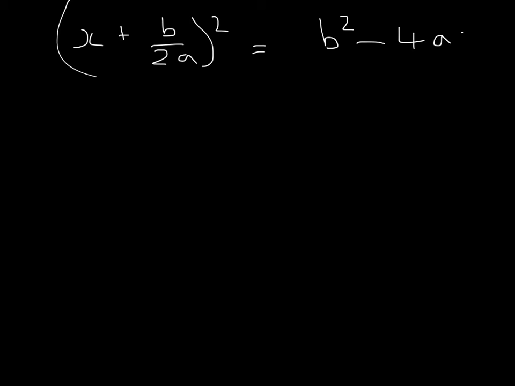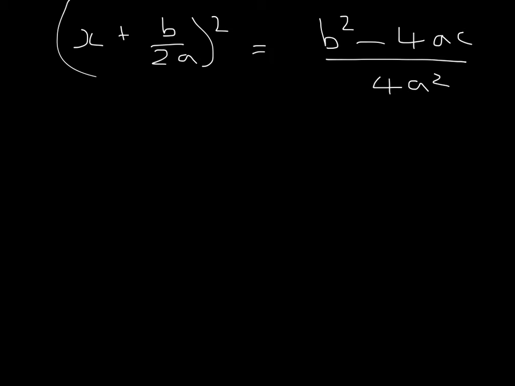Okay, so we move on, and if you remember we had x plus b over 2a all squared, and that equaled b squared minus 4ac all over 4a squared. And I think you can begin to see where this is going.